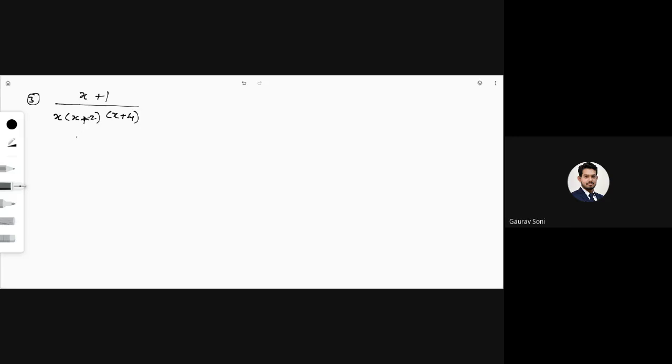So you have to resolve this into partial fractions. How can I resolve it? Which is the form?